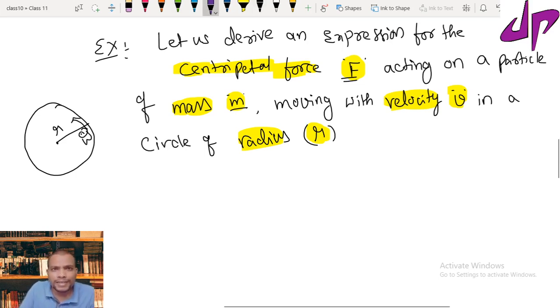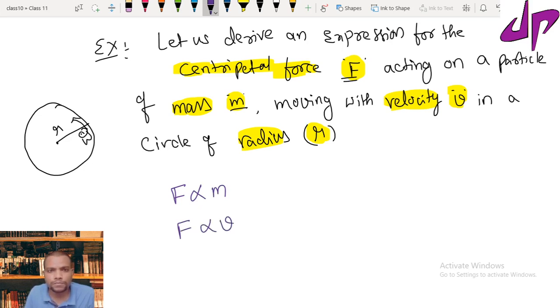Now if we take that force is directly proportional to mass, and that force is directly proportional to velocity, and that centripetal force is directly proportional to radius. So we combine this expression and rewrite it.